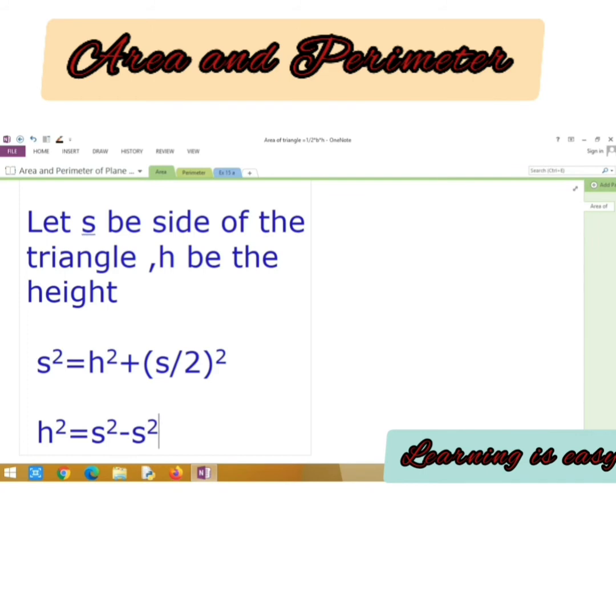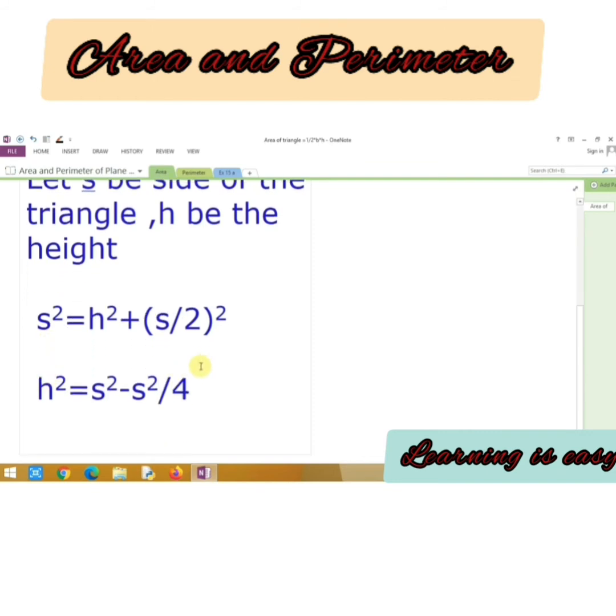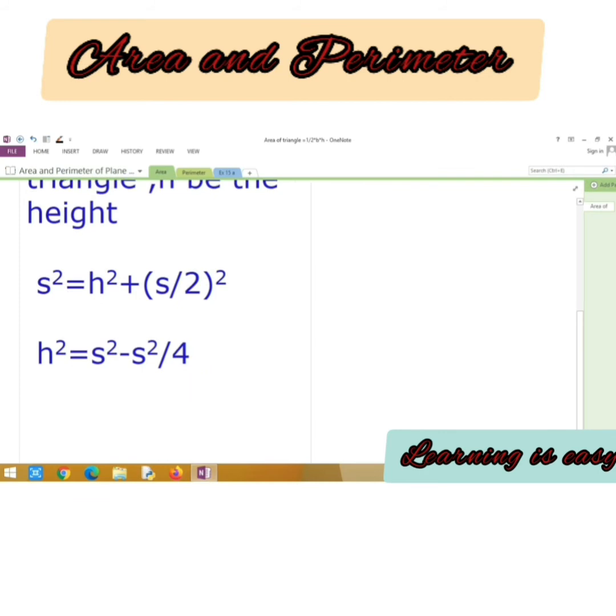So it's 4s square minus s square by 4, which gives h square equal to 4s square minus 1s square, that's 3s square. So h square equals 3s square by 4.